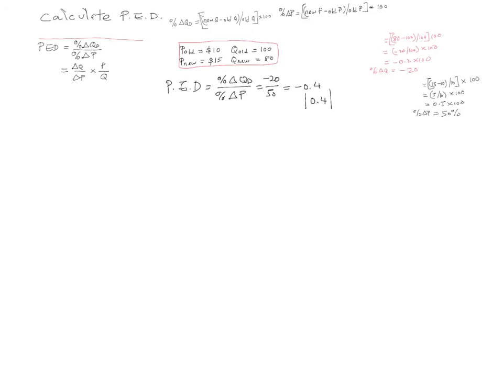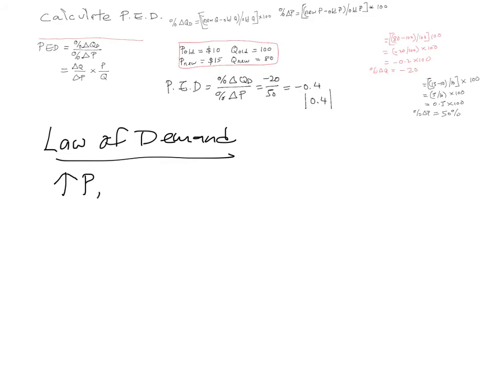The question is, what does that mean? Well, law of demand: you increase the price, you lower the quantity demanded. What the price elasticity of demand does is tell you by how much.